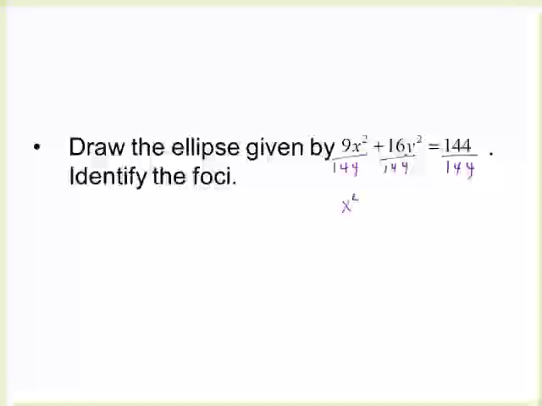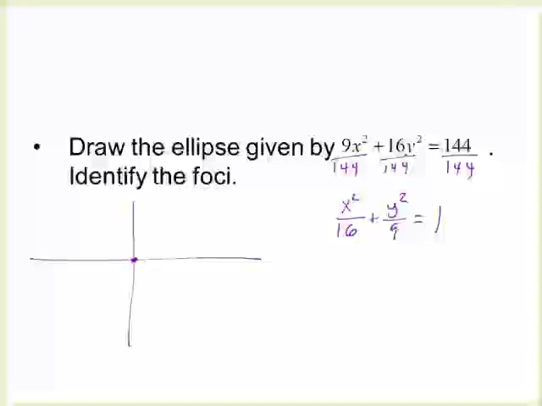So that gives me x squared over 16 when I reduce 9 over 144, and y squared over 9 equals 1. So to draw this, for today, our center will always be the origin.